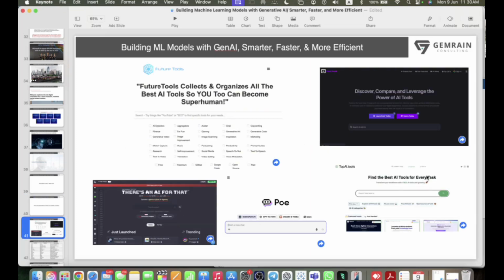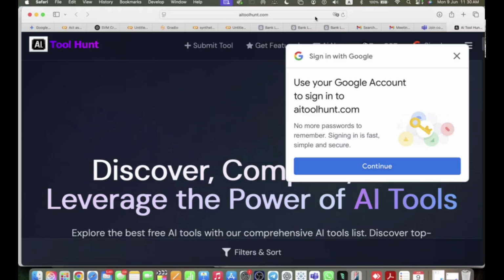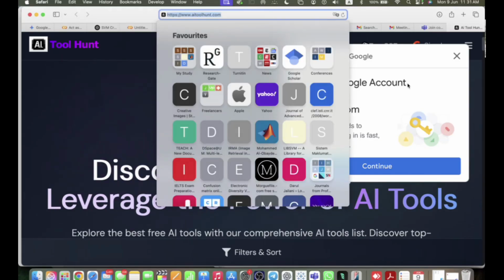As long as we are going to share the slides with you, these tools are going to help you find the current generative AI tools available in the market. I'm going to look at the first one. This is Toolhunt. Okay, maybe I share with you the link.